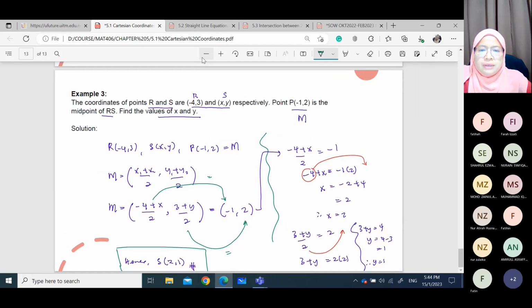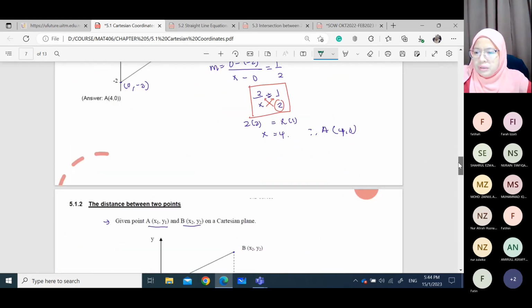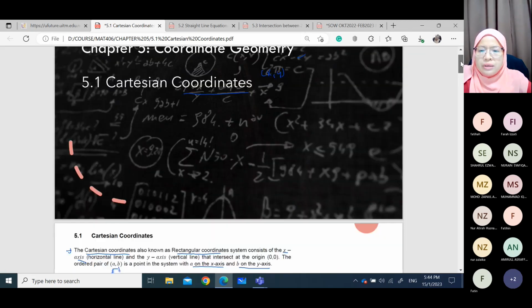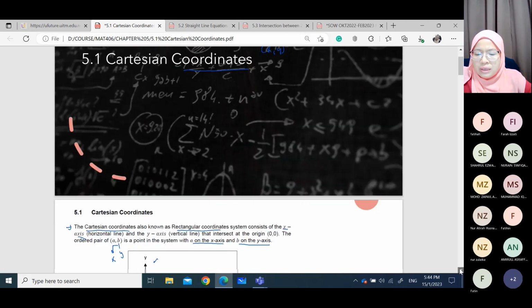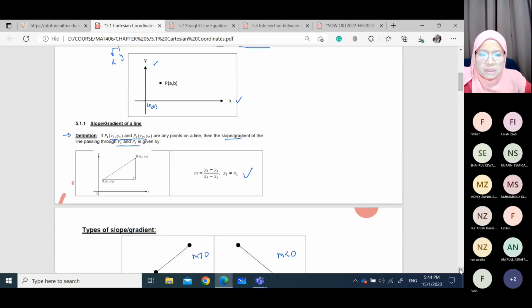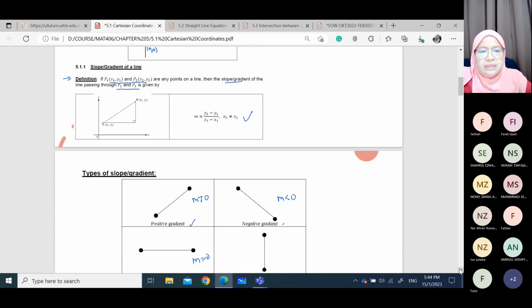Okay. Right. So untuk coordinate ni, just recap what we have discussed in this topic. So in Cartesian coordinate, we are involving two axes, which are x and y. So in Cartesian coordinate, we have gradient. So gradient is a slope.